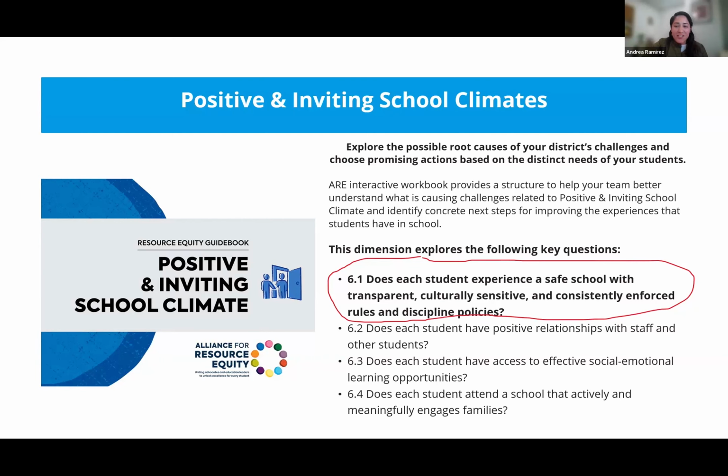Does each student experience a safe school with transparent, culturally sensitive, and consistently enforced rules and discipline policies? More than likely, this key question also serves as your core message, your North Star, because it should provide a comprehensive description of what you're advocating for and why.